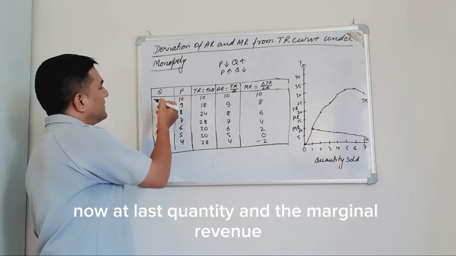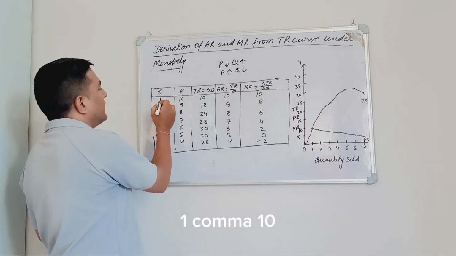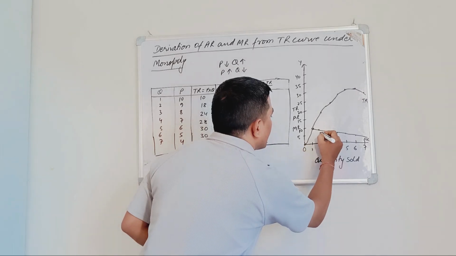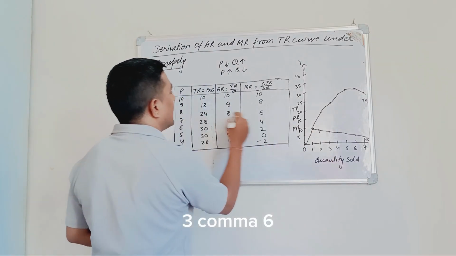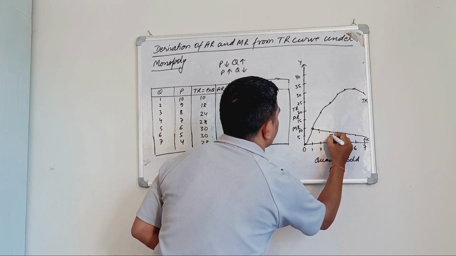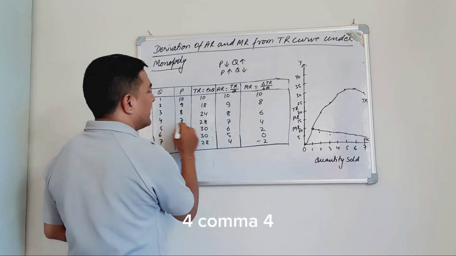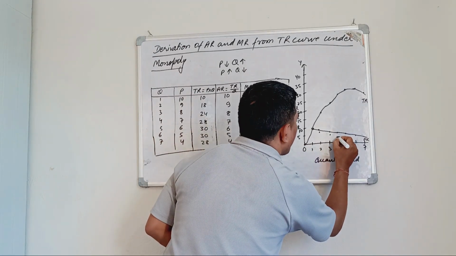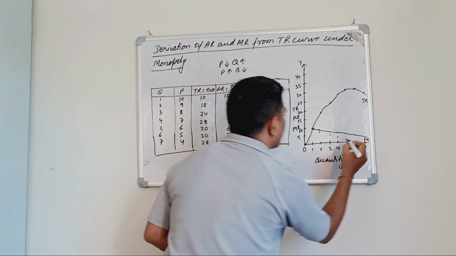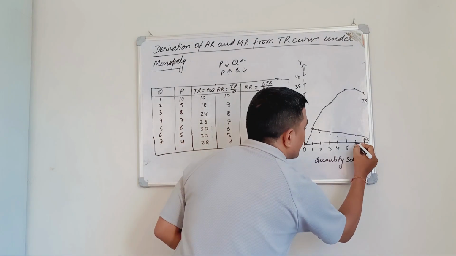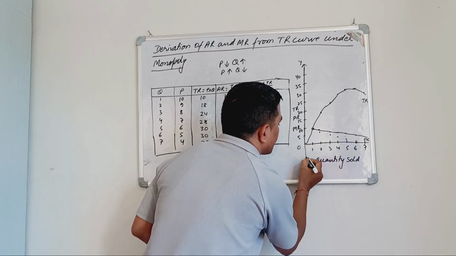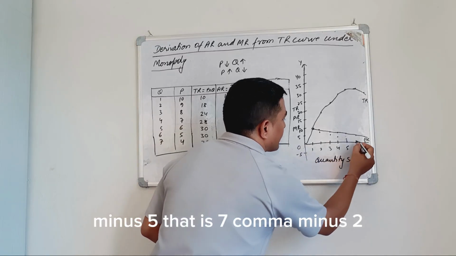Now at last, quantity and the marginal revenue: 1 comma 10, 2 comma 8, 3 comma 6, 4 comma 4, 5 comma 2, 6 comma 0, 7 comma minus 2.